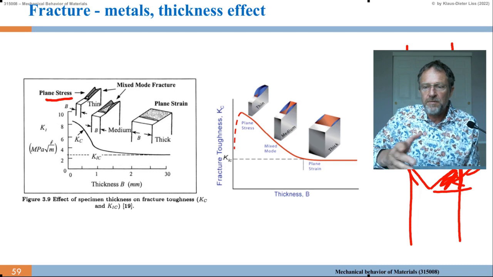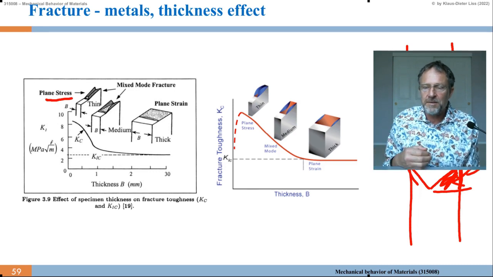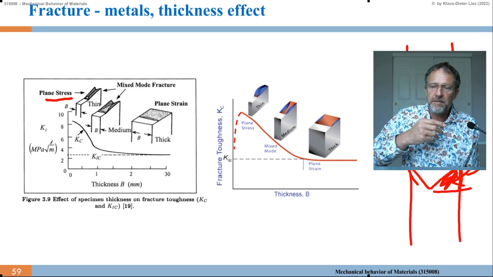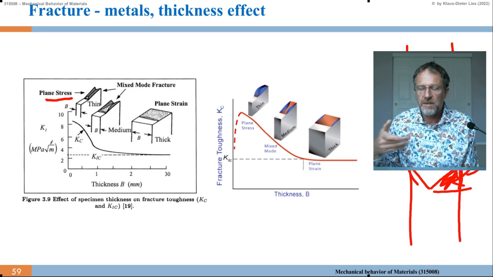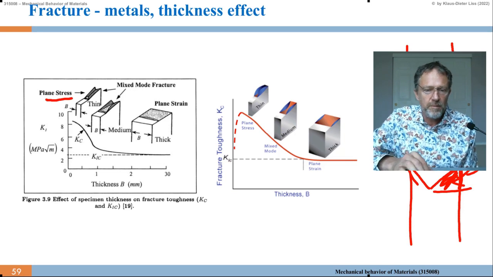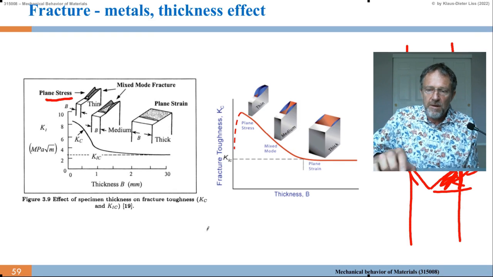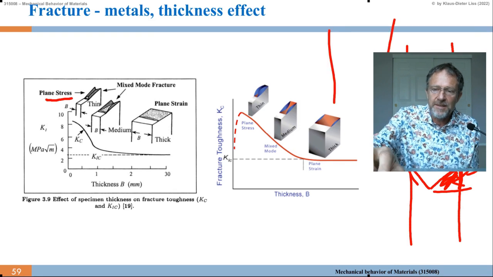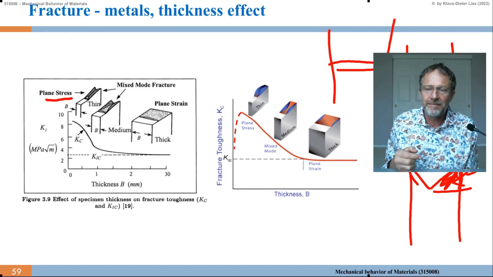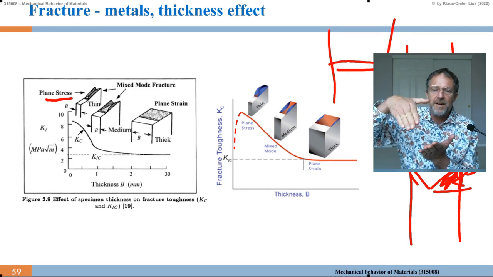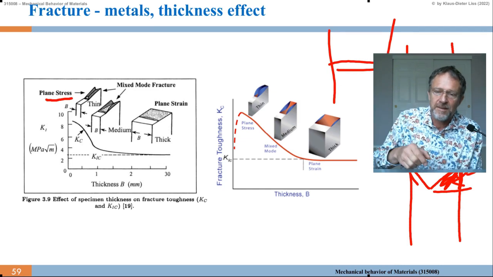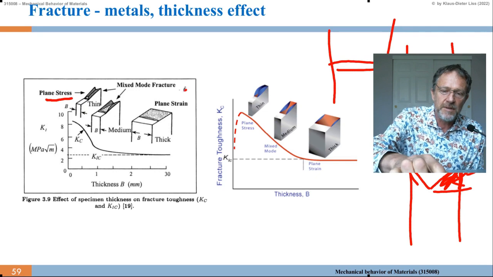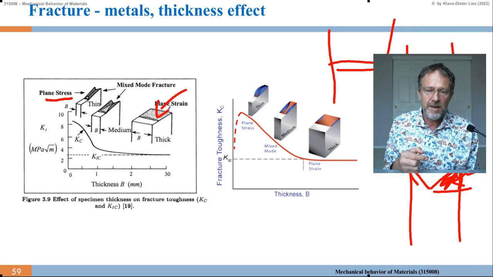Of course, if you have plane strain, then there is not this symmetry and the surface. You don't have this free surface because the surface is far away, is shielded off by the other stress and plastic deformation fields. Then you also only can crack in the plane strain. You only can crack here, horizontal. You just pull the material apart. You just peel it apart. And that gives you the plane strain fracture surface.